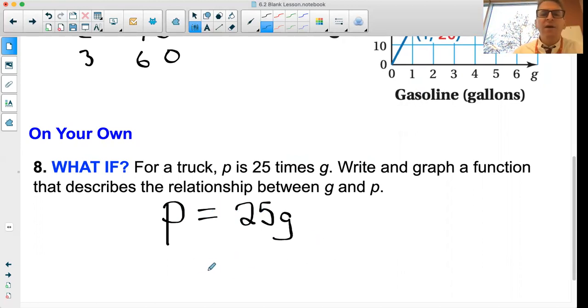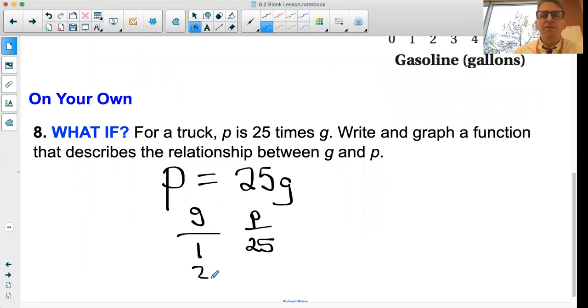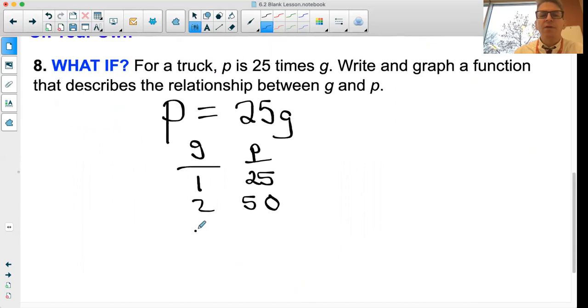So if you have 1 gallon, you would have 25 pounds. Two gallons, 50 pounds. 3 gallons, 75 pounds. So those would be the ordered pairs.